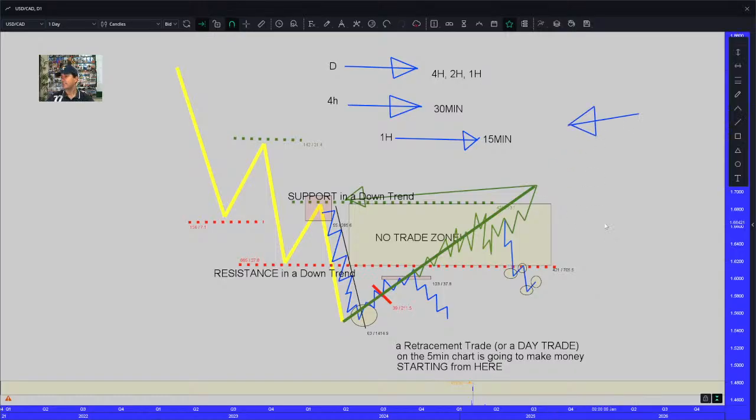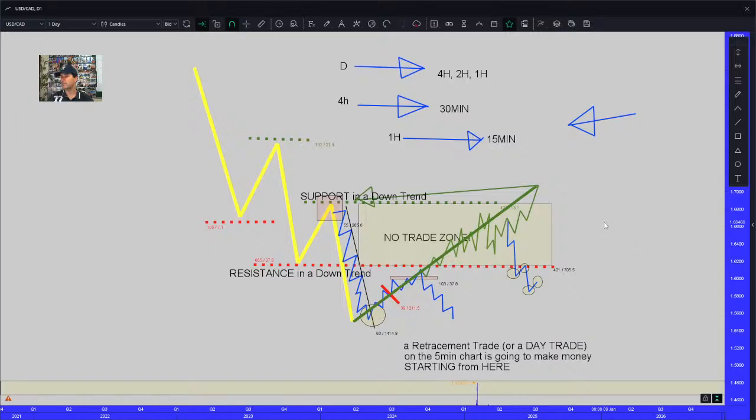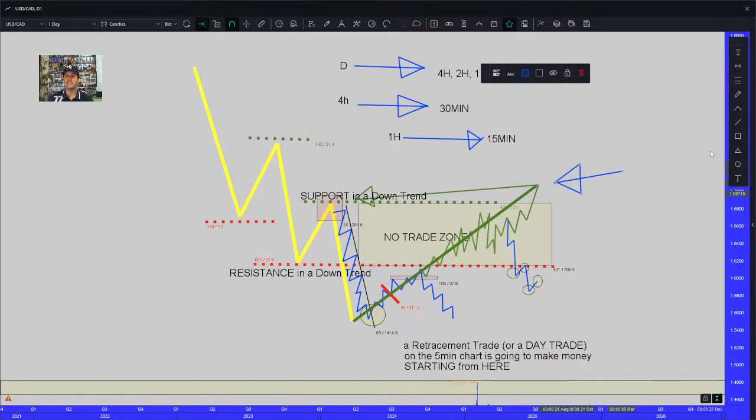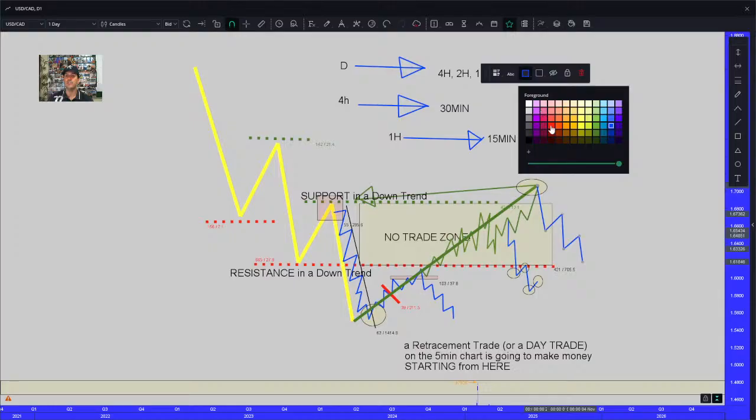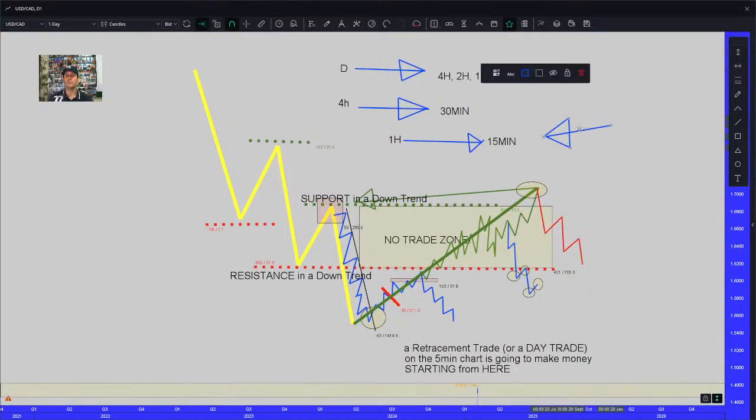Student traders on YouTube, what must come after the extension? Retracement.